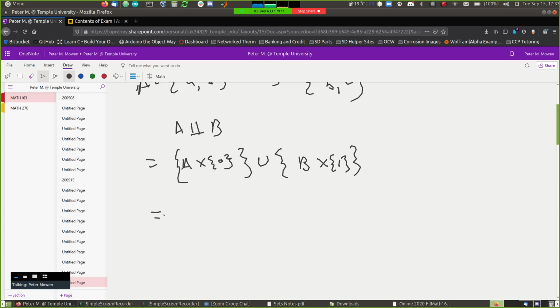And so that would be the set ab cross the set containing 0, union, whoops, not universe, union, the set containing, oops, and I wrote the wrong set for A. This was ab.